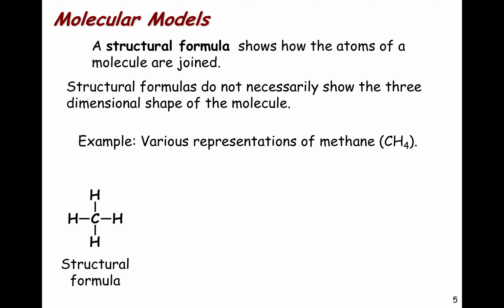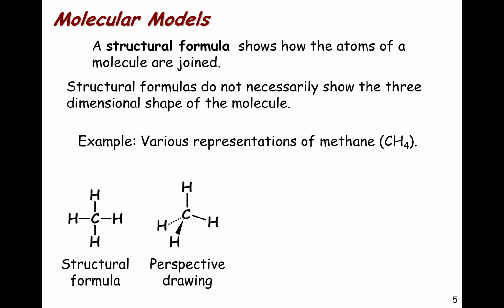So, for example, if we consider a molecule like methane, CH4, it turns out that carbon is in the center of this particular molecule, and there are 4 hydrogens that are attached to it. In the structural formula, we use lines to attach the atoms to one another, and these are representing bonds. Now, the problem with the structural formula shown here is that it looks like it's a 2-dimensional shape where carbon is in the middle of a square formed by the hydrogens. And in fact, this is not the shape of methane.